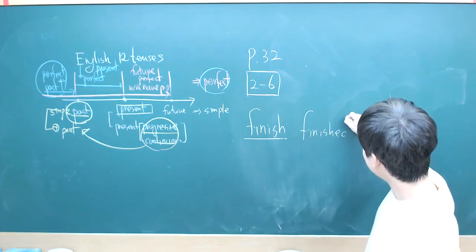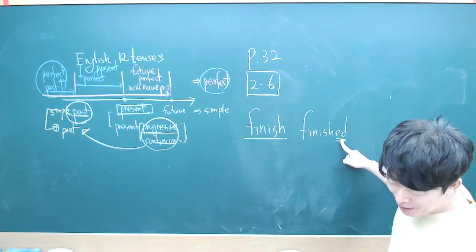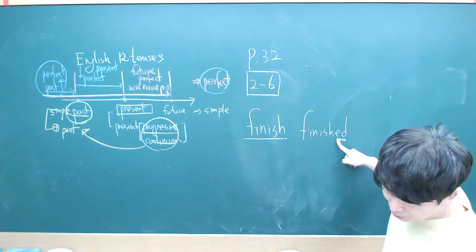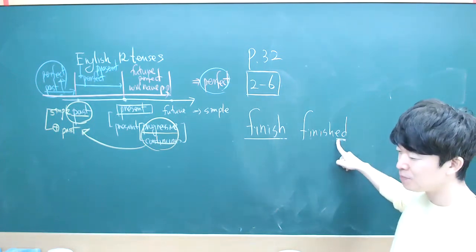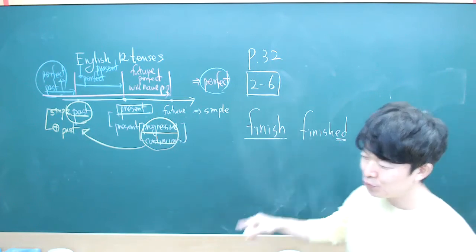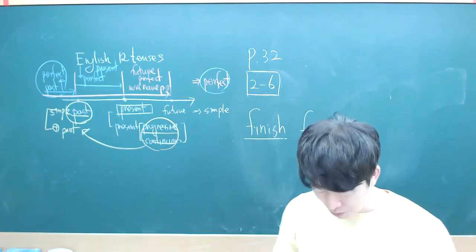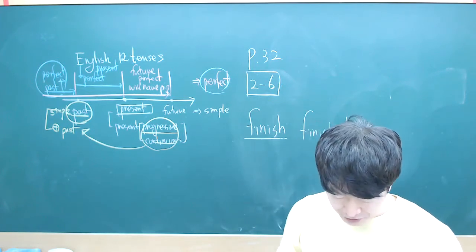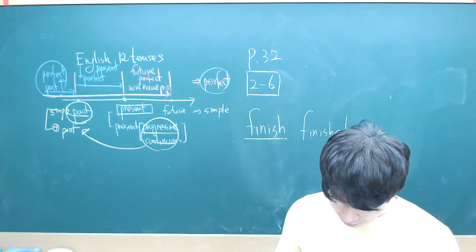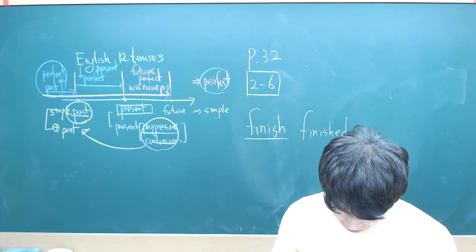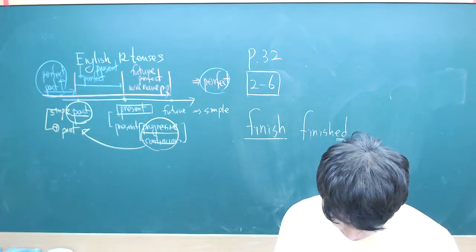If you add ed at the end of the word finish, it can be used as simple past and past participle. What is past participle? You can use past participle when you use the past perfect tense. It will be dealt with in the past perfect tense. Present participle, finishing. Regular verbs: finish, stop, hope, wait, play, try.